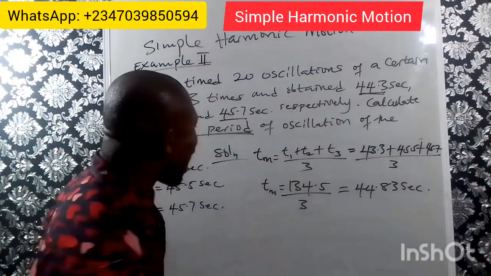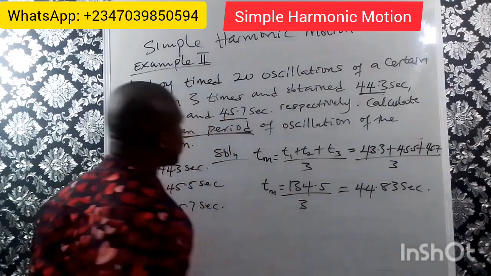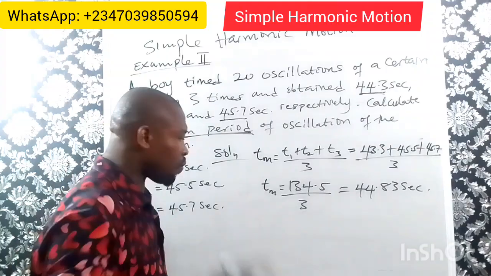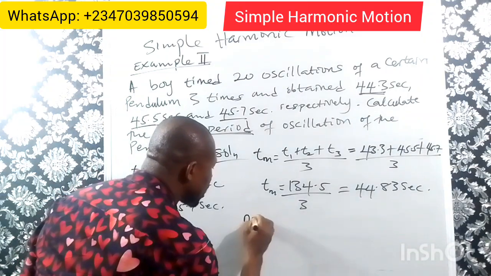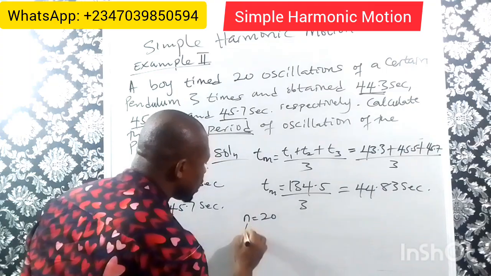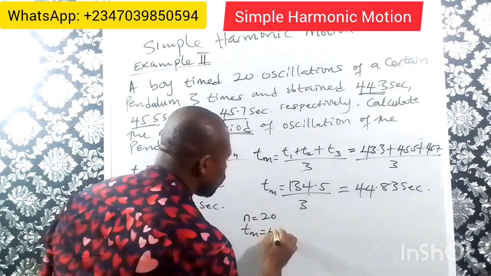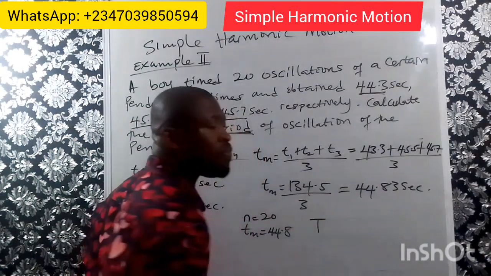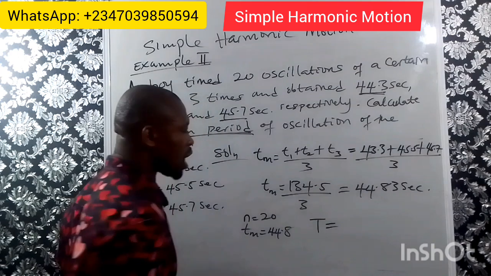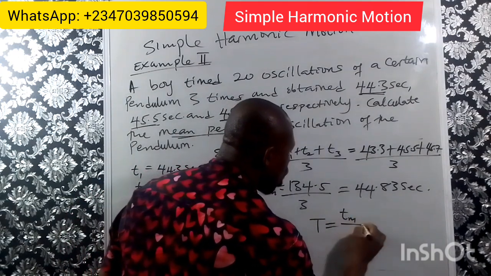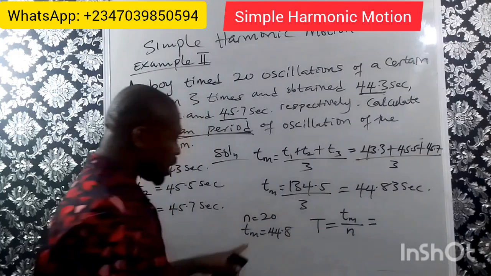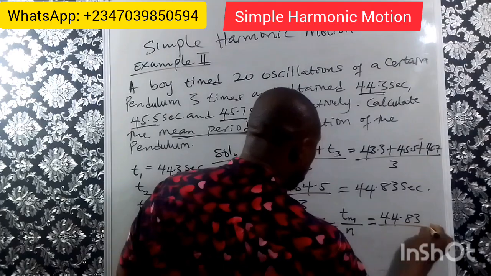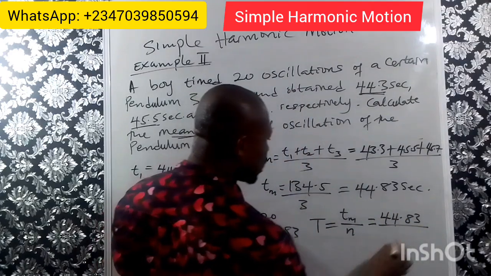Now, having gotten our average, the number of oscillations, the number of timings there is, N is 20. T mean is 44.8. At this point, you can now calculate your period. The period is T mean all over N, which is 44.83 all over 20.